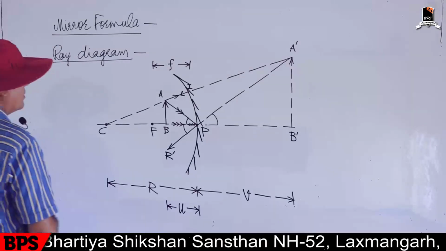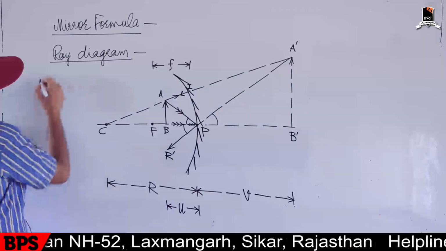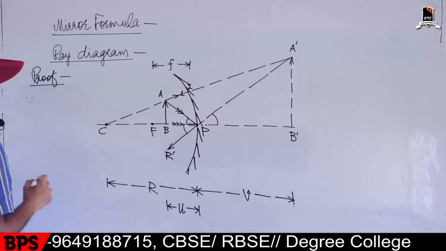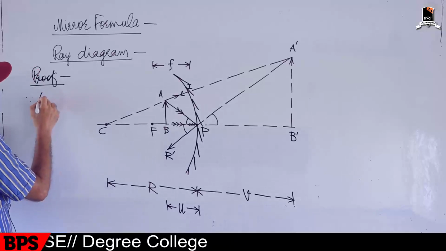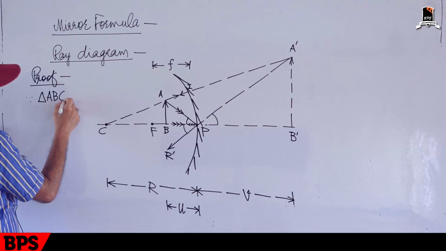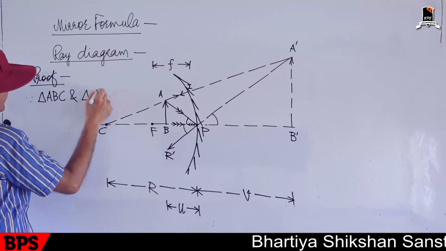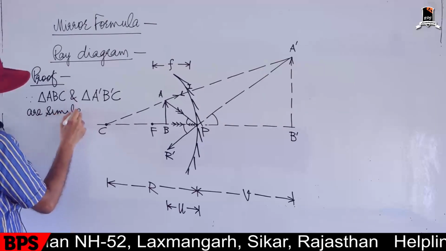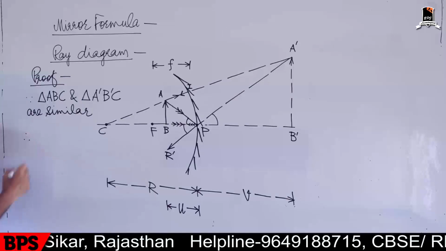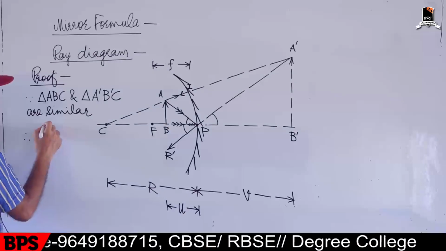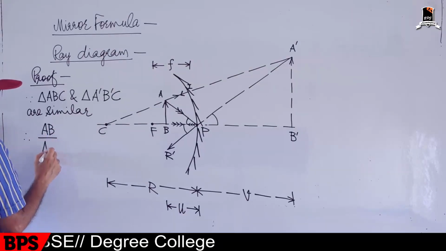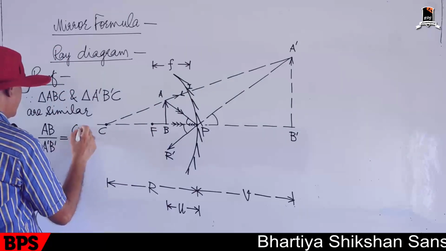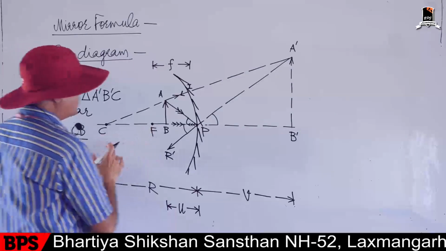So for the proof, since triangle ABC and triangle A dash B dash C are similar, therefore we can write AB divided by A dash B dash will be equal to, in this triangle it is CB, and in that triangle it is CB dash.